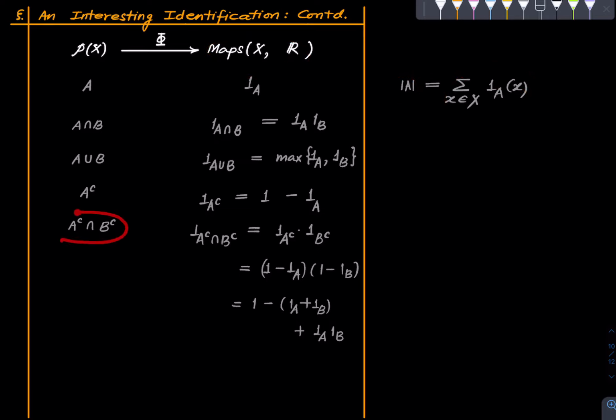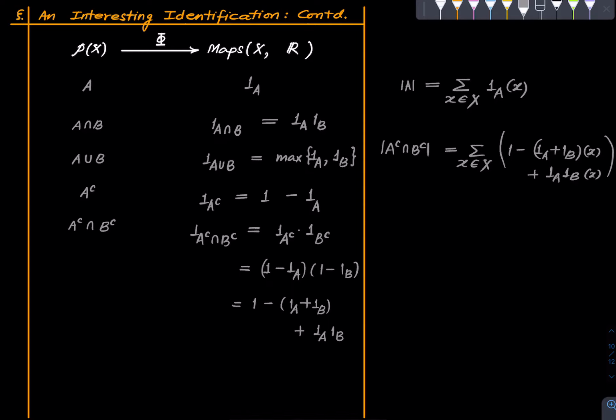And now suppose I wanted the cardinality of this. This shows us that the cardinality of A complement intersection B complement is the summation over x in X of 1 minus 1_A plus 1_B plus 1_A 1_B. And I always forget to write x.